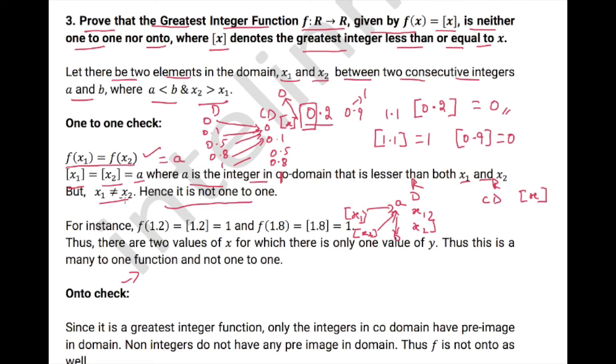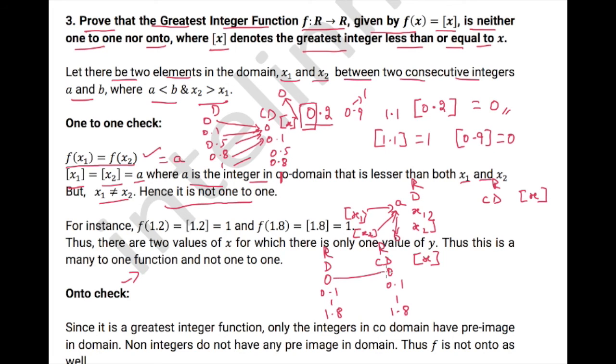Now we will go for the onto check. Again we take domain, codomain and greatest integer function x here. This is defined in R, this is also defined in R. So let's say I take numbers 0.1, 1, 1.8 randomly, and I take here 0, 0.1, 1 and 1.8.